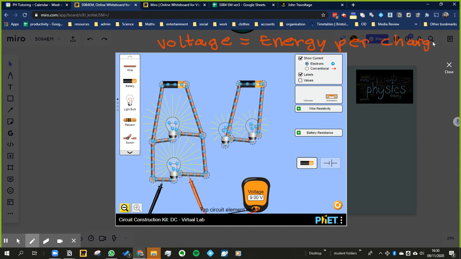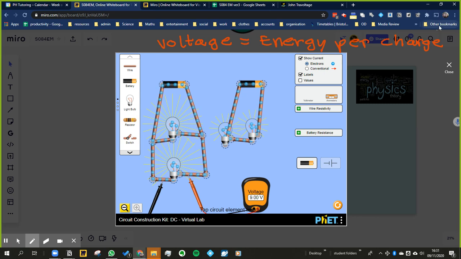So if you have a big pile of electrons, which represent a certain amount of charge, since all electrons have charge, and we want to see how much energy this pile of electrons has, then we're talking about voltage. So it's the energy per charge. Very similar to just energy, but it's not just the energy, it's the energy per charge.